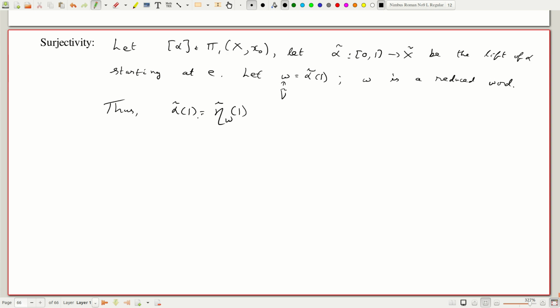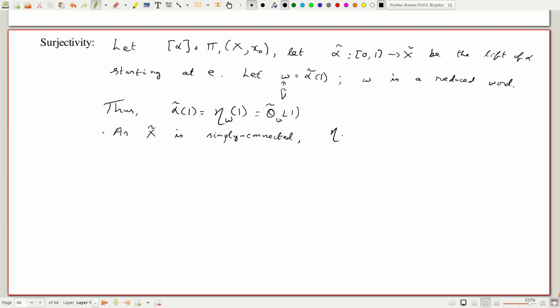Why is that? That's simply because eta W ends, sorry, this is not tilde here. It's just called eta W, even though it's a tilde. Eta W of 1, okay, but that is theta W tilde of 1. But remember, we saw that as X tilde is simply connected, we saw it's contractible, hence it's simply connected. It's path connected and has trivial fundamental group.